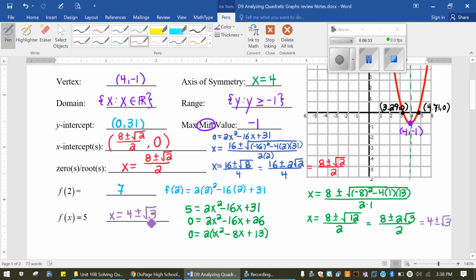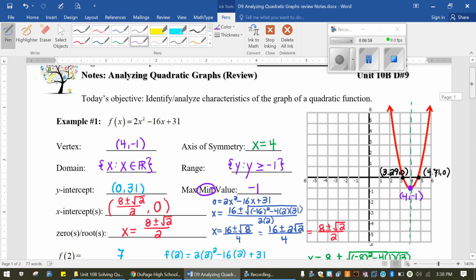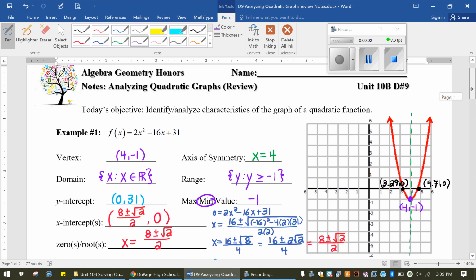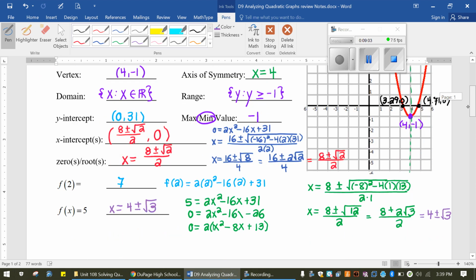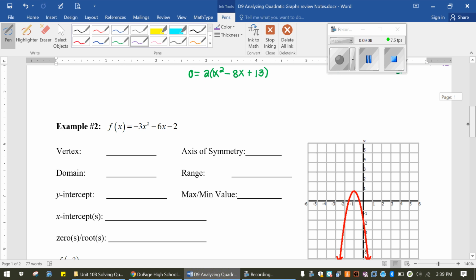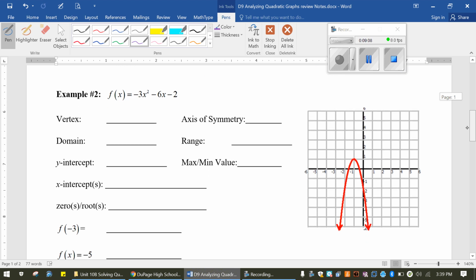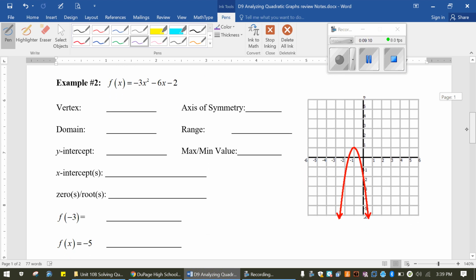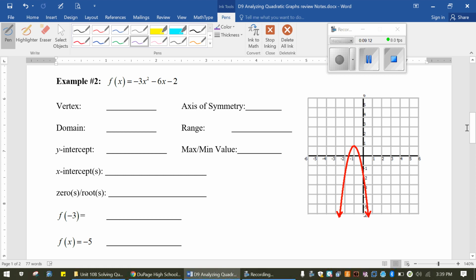Okay, so that's all of those questions being answered about this graph and the function that's given there as f of x. So if we scoot down to example number 2, it's very similar. You have a new function. The difference here I see is that your leading coefficient is negative, and that's why your quadratic is opening down.